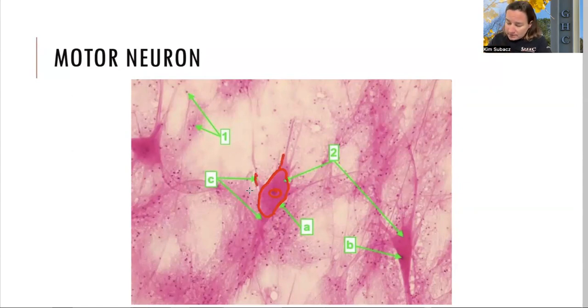So we have all of these extensions, these processes coming off, but are these dendrites, are these the axon? I can't tell. It's hard to say. So we just have them labeled as nerve cell processes because we don't know if those are dendrites or axons in this slide image. But please be able to recognize that this is the cell body and that this is the nucleus of that neuron.